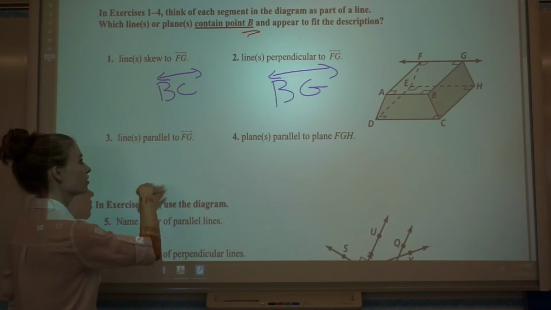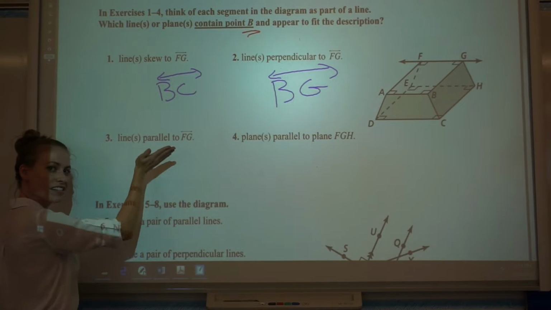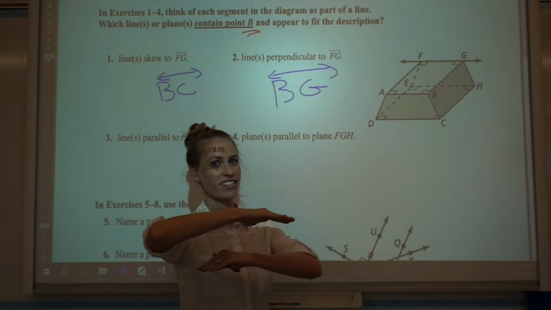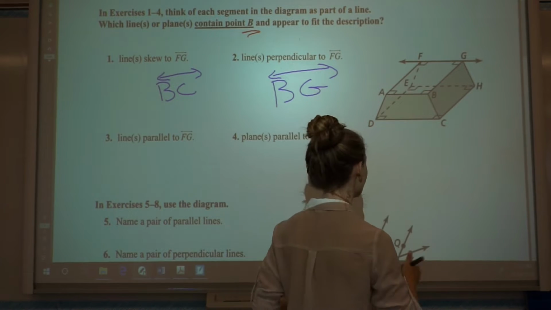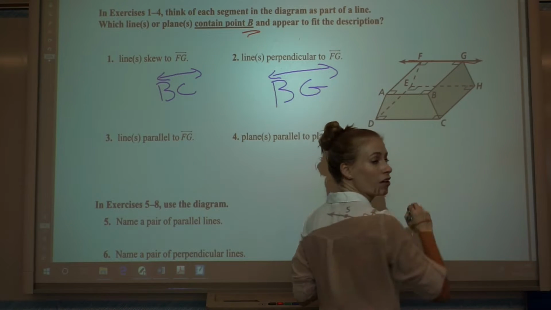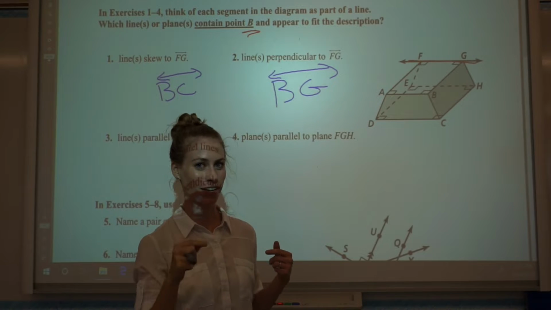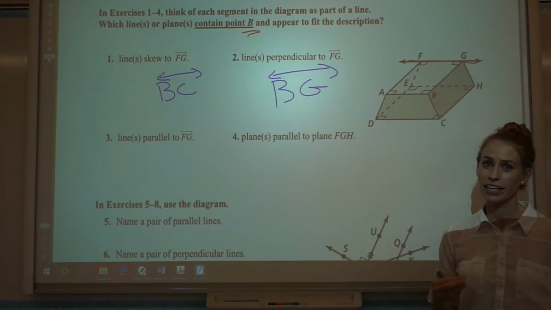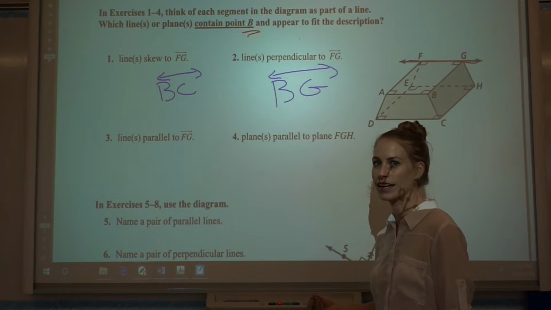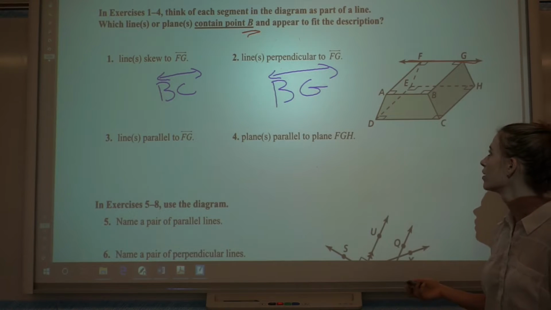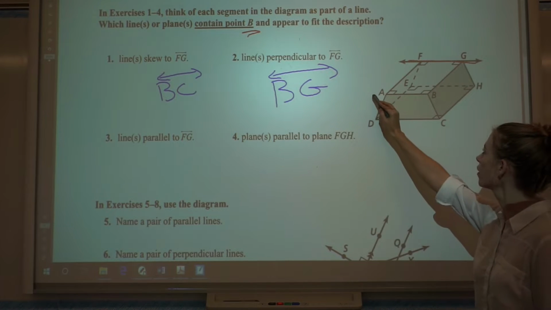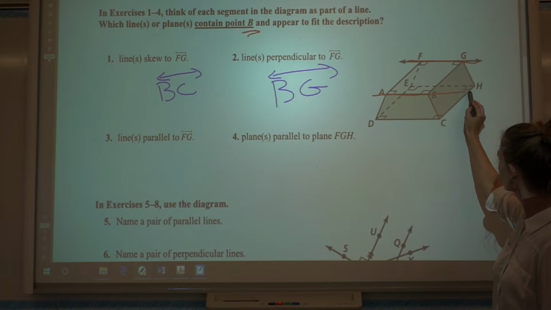Okay, let's look at number 3. Lines that are parallel to FG. Remember, parallel means coplanar, and they don't intersect. Remember, we're trying to contain point B in it. Ooh, look at that.